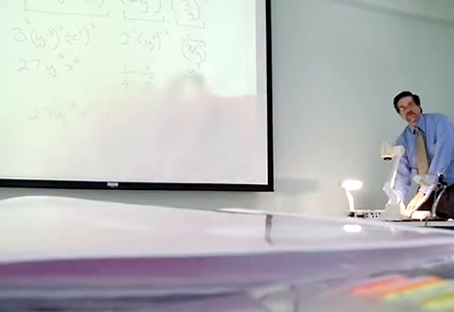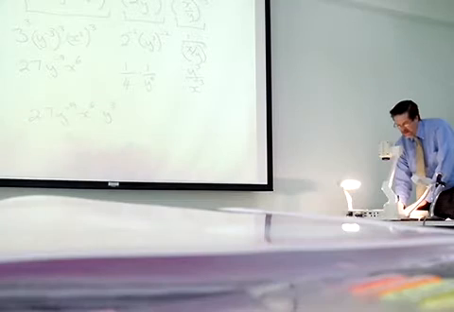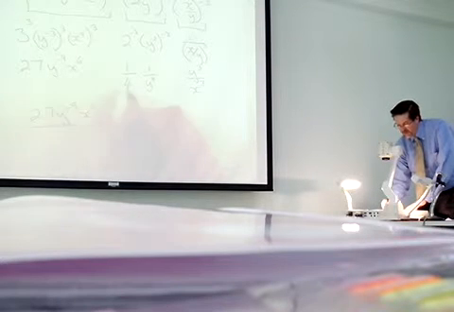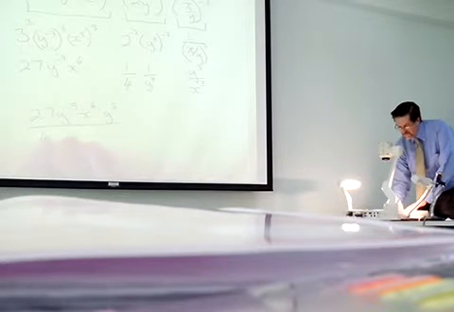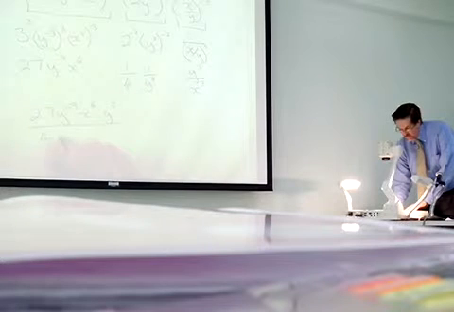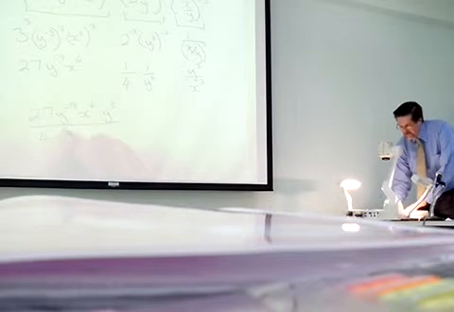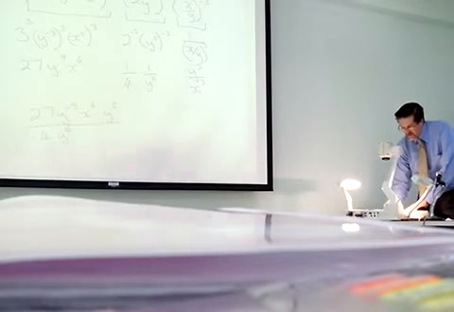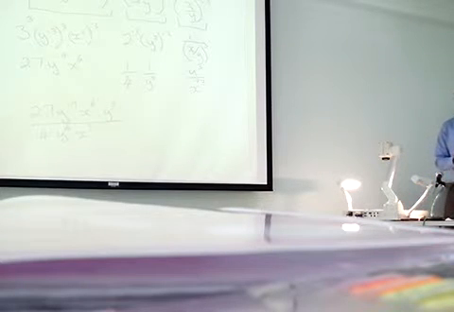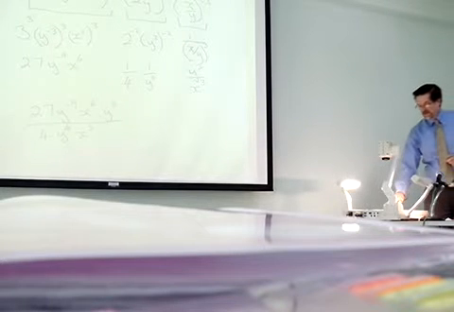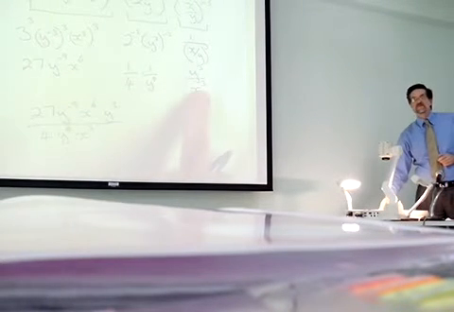Those are all the terms on the top. And on the bottom, we have 4 times y to the exponent 4 times x to the exponent 3. Right? This times this times this.